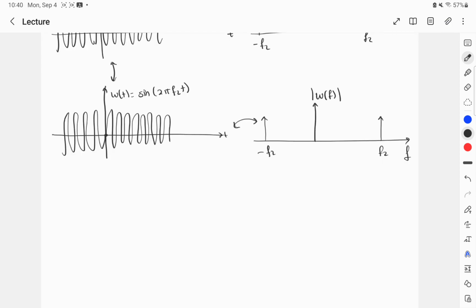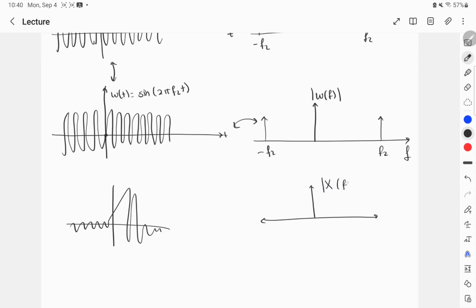Negative frequency. And here I also want to show you, if we have another function like this, we might have a combination of different frequencies, such as like this.